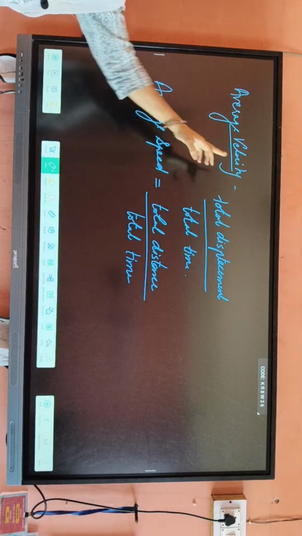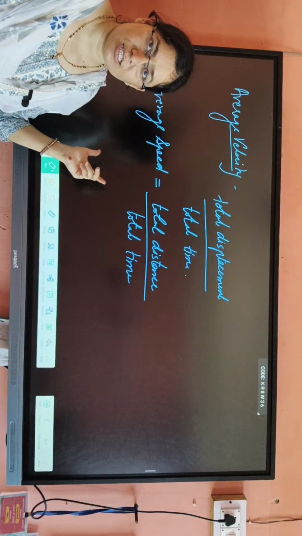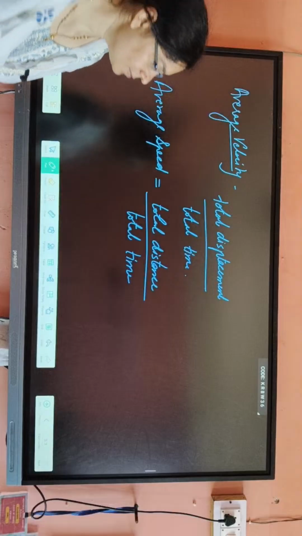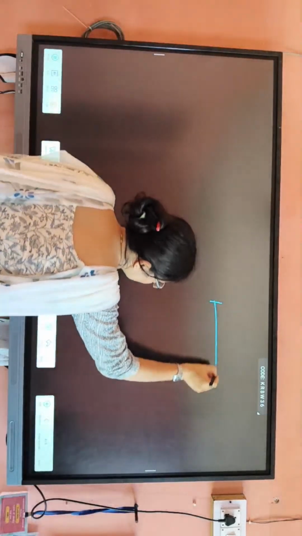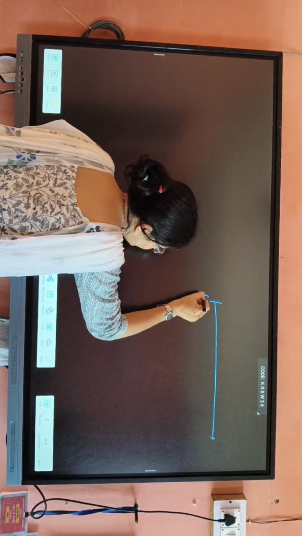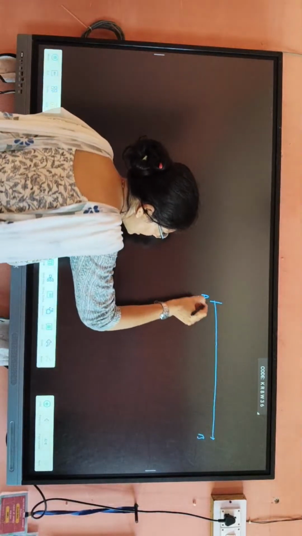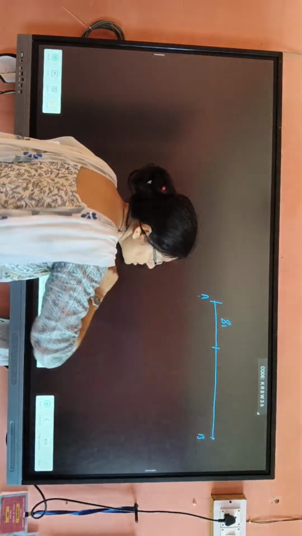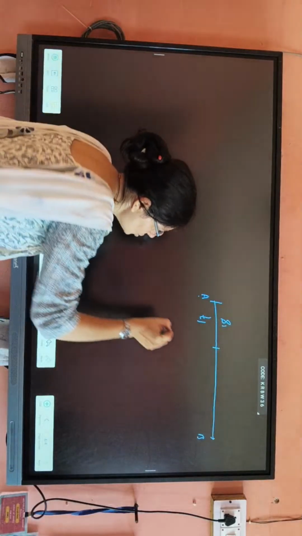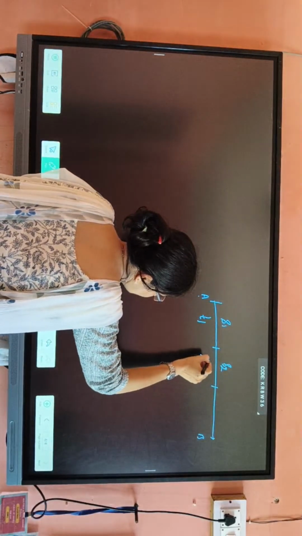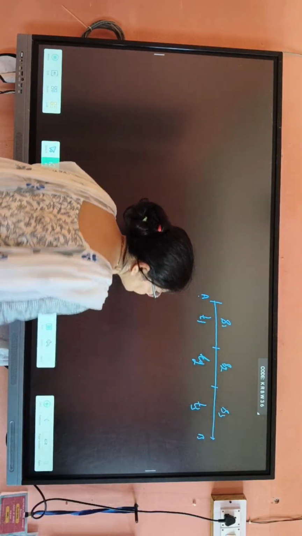Okay, so average velocity is total displacement by total time, and total distance by total time is average speed. Clear? For example, anybody is moving from here to there, starting from point A, and the final point is B. An object moves starting from A, S1 distance traveled by it in T1 time. Next S2 is displacement traveled in T2 time, and S3 in T3 time.